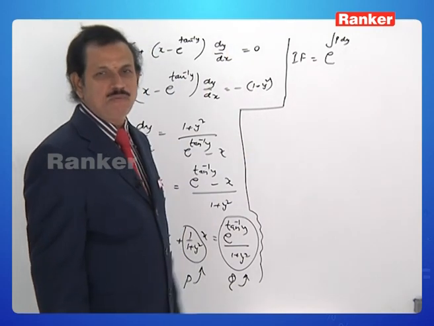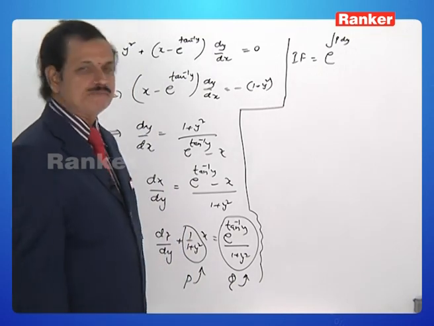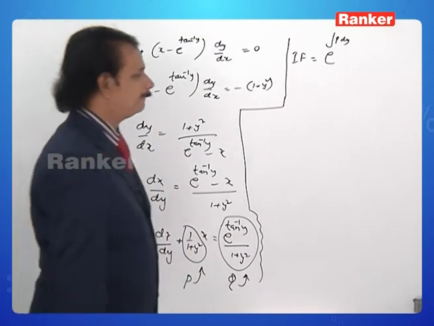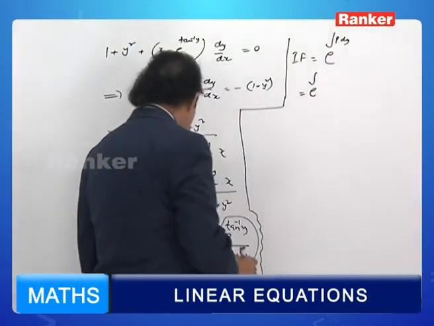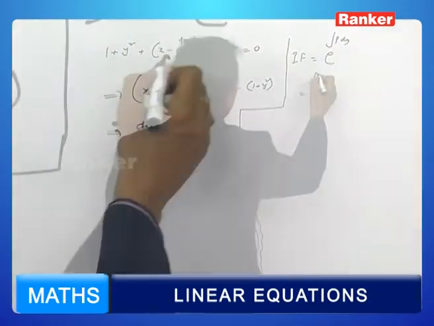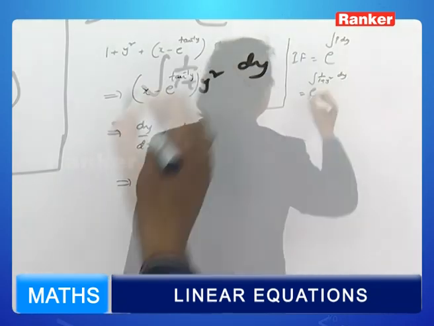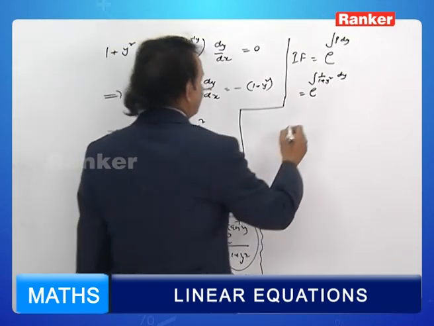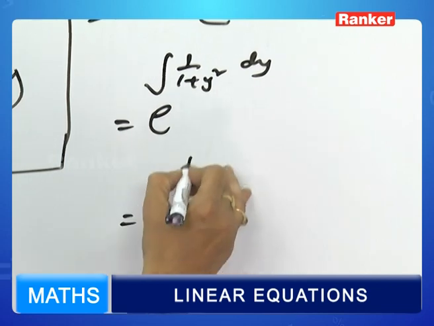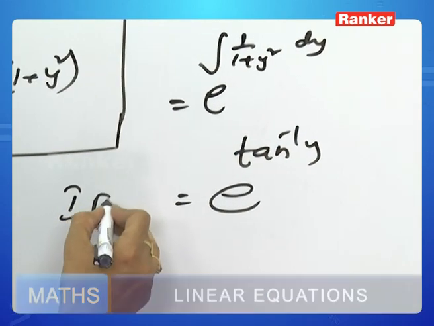But here in this problem, it is linear in x. Therefore, integrating factor must be e power integral p dy is equal to e power integral of what is p, 1 by 1 plus y square dy. What is the integral of 1 by 1 plus y square? E power tan inverse y. This is IF.